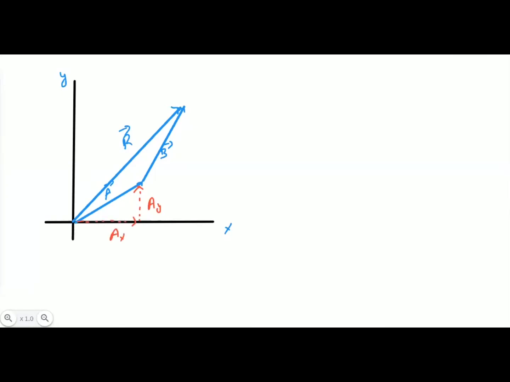And if we resolve the vector B, then we will get BX and BY.